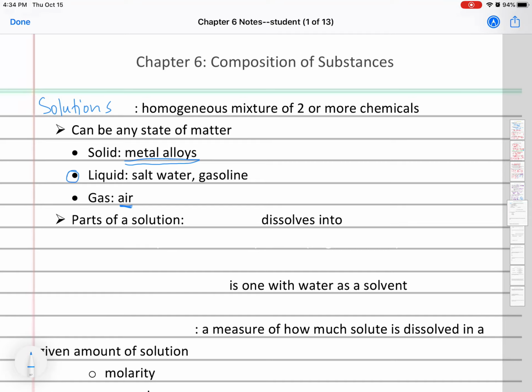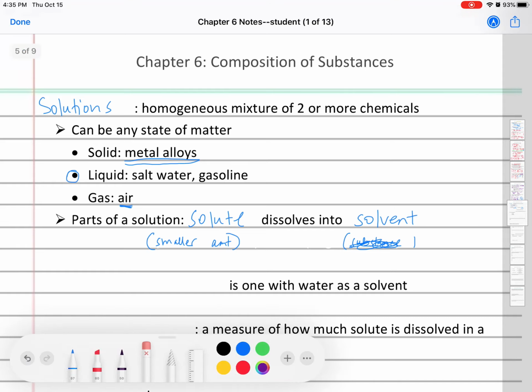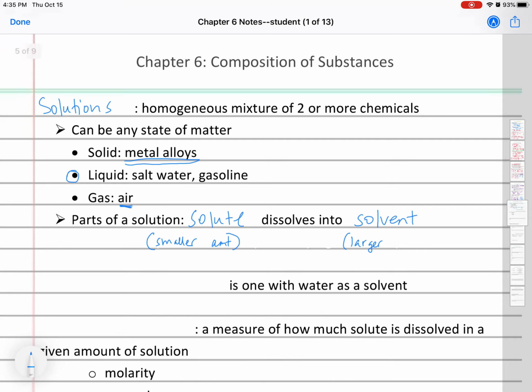So a solution is made up of two parts, a solute and a solvent. The solute is the substance that is in the smaller amount, and the solvent is present in a larger amount.